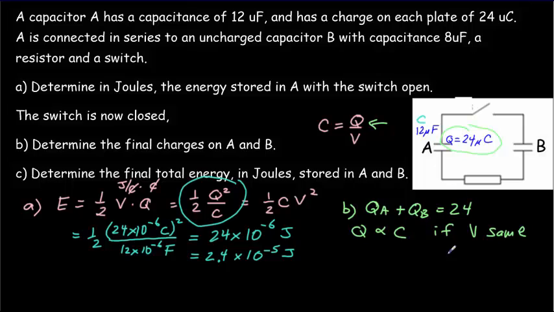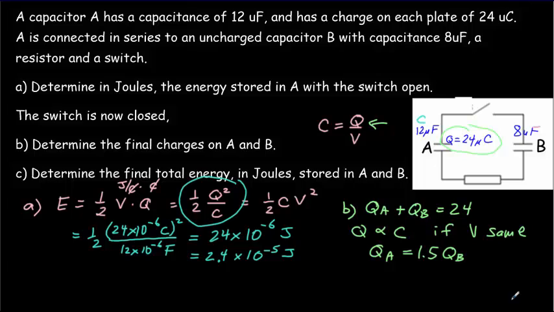And being as B had a capacitance of 8 microfarads, 12 is 1.5 times as big as 8, therefore QA must be 1.5 times as big as QB.